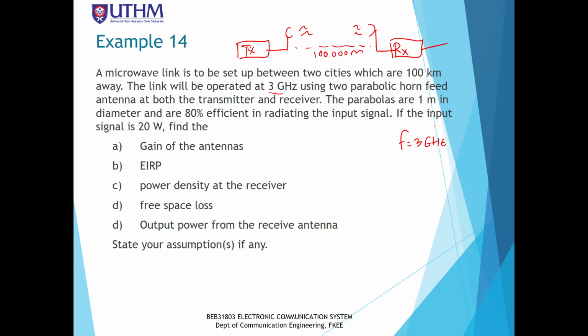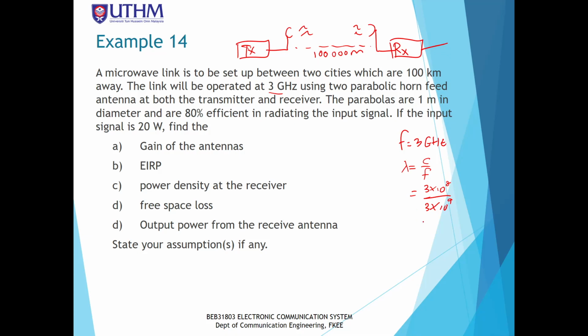From the frequency, you can calculate the lambda. Lambda is equal to C over F, so C is 3 times 10 to the power of 8 divided by 3 times 10 to the power of 9, giga.